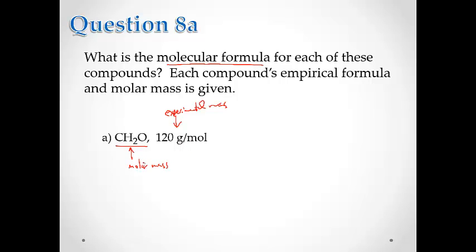Okay, so to do that, we list them out like we've done many, many times in this chapter. We have 1 carbon, each one of those has a mass of 12.01. We have 2 hydrogen atoms, each one with a mass of 1.01, so that would be 2.02. And oxygen is 16.00 at 1 atom of those, so that would be 16.00.